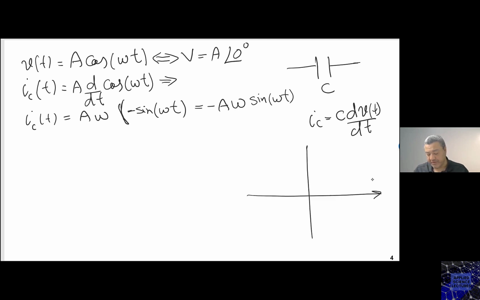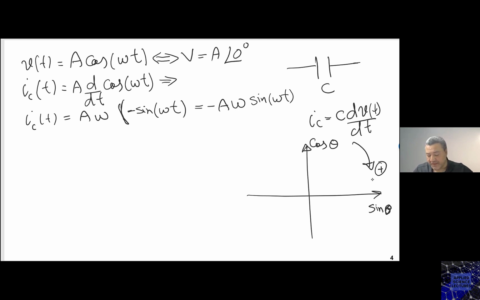Now, in order to go from sine to cosine, it's very important to use this simple way of converting sine to cosine. So let me call this one sine theta, and this one cosine theta. The direction here is the positive direction for theta.